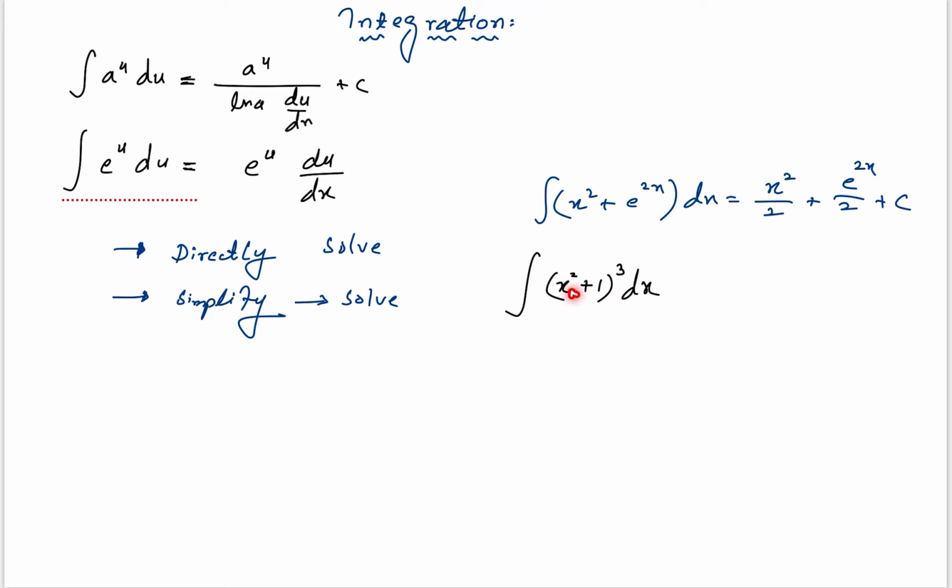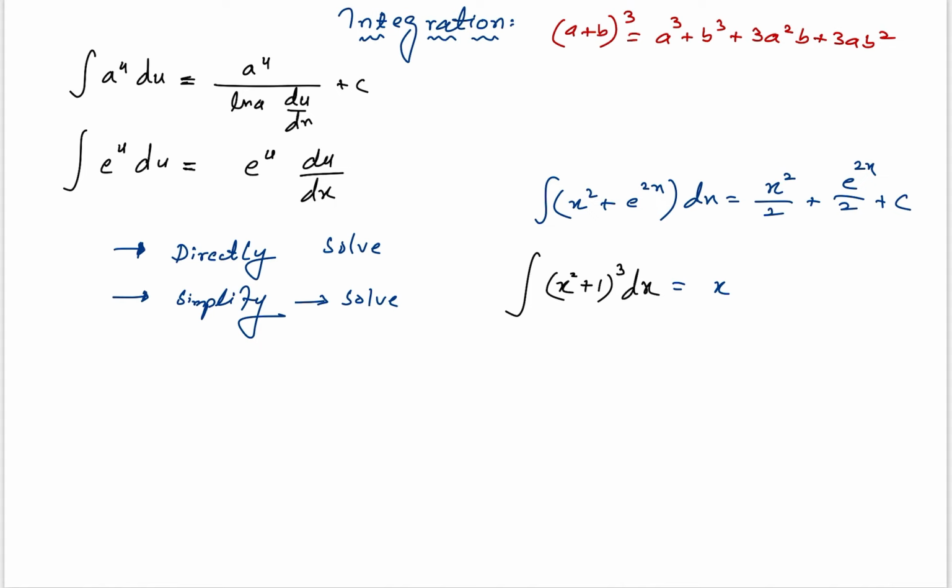This is the a plus b whole cube formula, which is equal to a cube plus b cube plus 3a square b plus 3ab square. So first we will expand the formula.